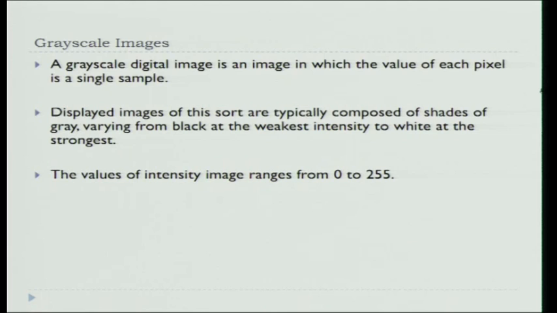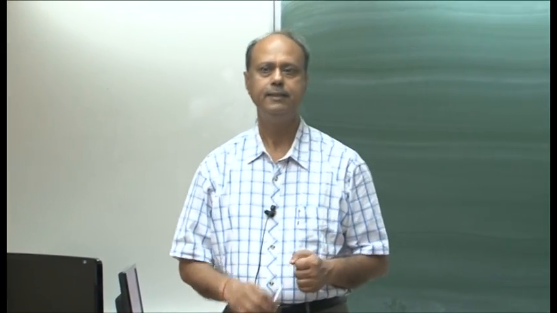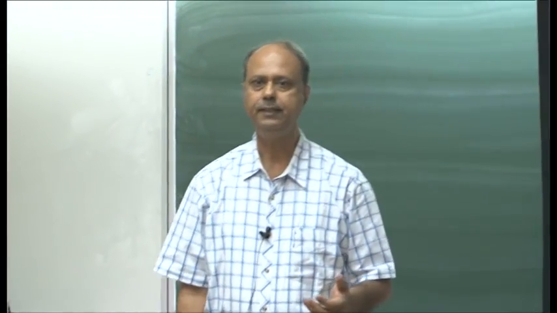In the case of a grayscale image, each pixel is represented by 8 bits. That means a byte is allocated for a pixel in a grayscale image. Remember one thing: the intensity value of each pixel is a positive integer. The intensity cannot be negative, right?